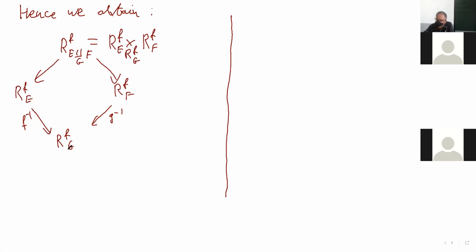So this is all right, and here we use path algebra. So here this is the path algebra of the push-out graph, EFG, which is a fiber product of KE with KF over KG.